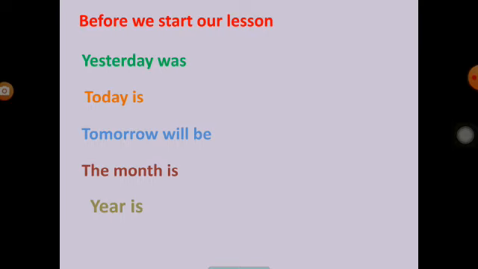And after July will be August. Excellent. Who can tell me in which year we are? Excellent. 2020. So, now write the date by yourself. We start with day, then month, then year.